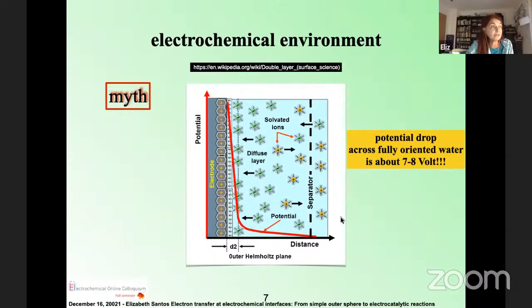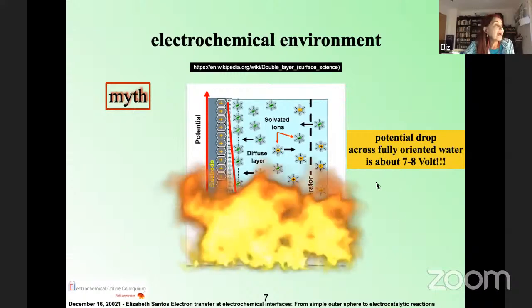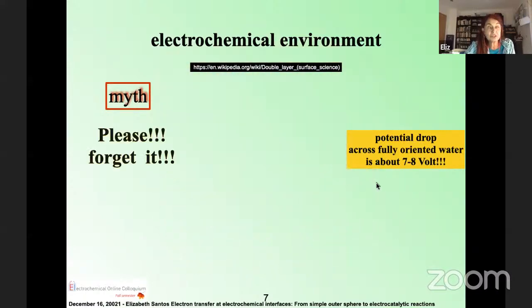That is impossible, so we have to forget this picture. This keeps coming back. I think Axel Gross had already said that this is not a good model, but it comes again and again. So I say, be careful.